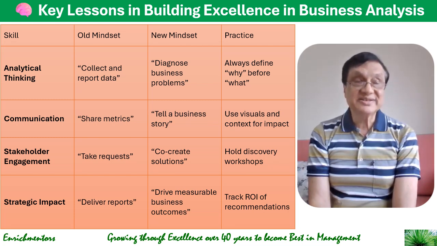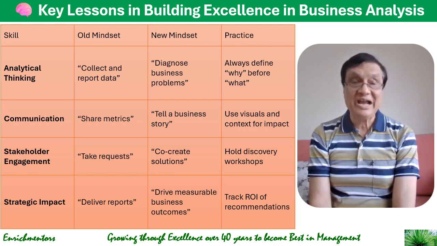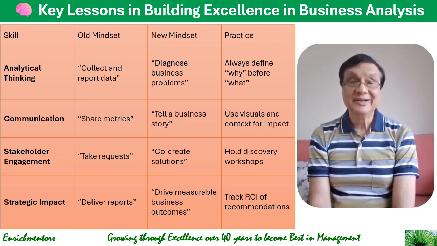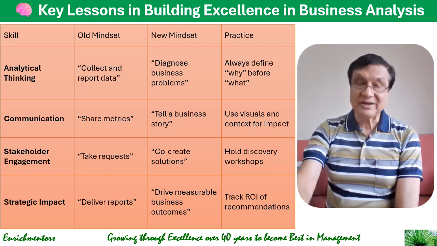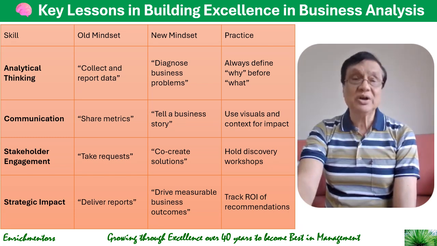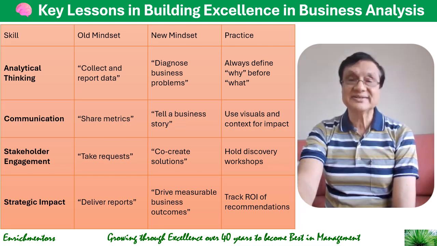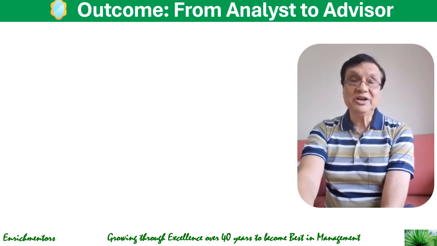And the last key skill is strategic impact. Instead of delivering reports, you need to drive measurable business outcomes by practicing tracking the ROI of recommendations. So that's what the key lessons for building excellence in business analysis are. So what was the outcome?